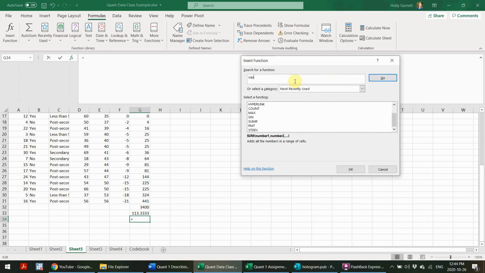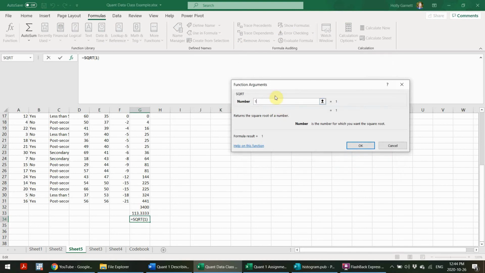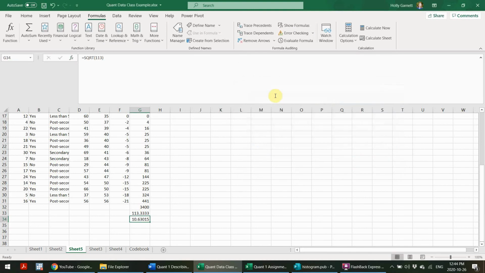Let's see, square root. Oh, 113. Oh, cool. So it's about 10.6, so roughly about 11. You'll notice when we do stats, or at least the examples that we're doing, we're going to be rounding quite frequently. All right, so it's about 11.